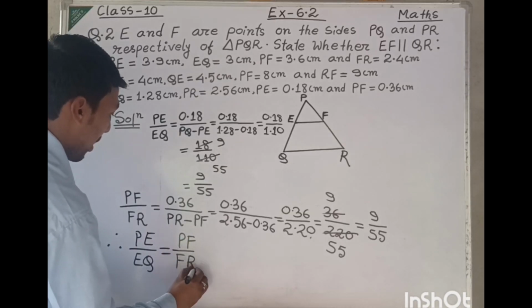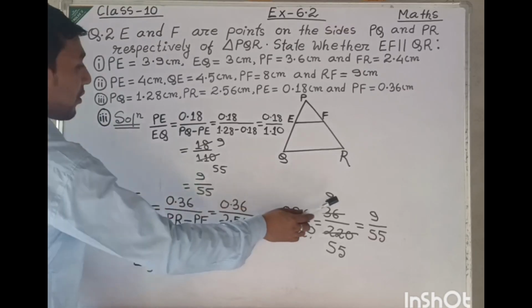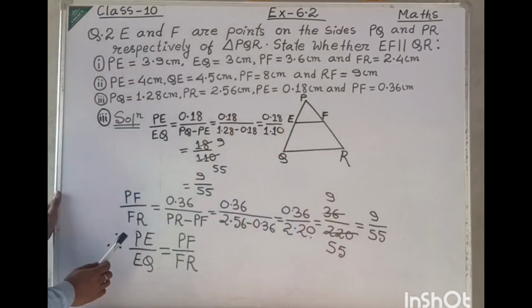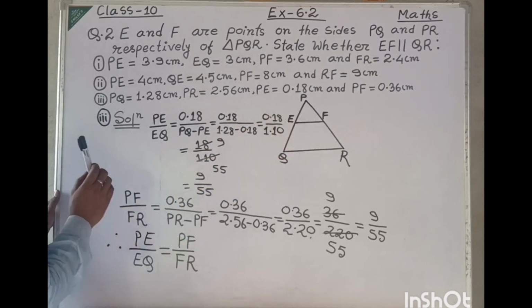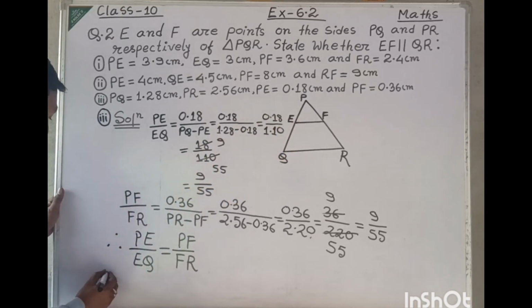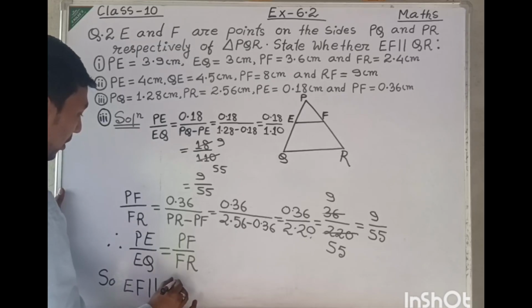Why equal? Because I have got the same ratio value, 9 by 55 here and 9 by 55 here. And if these two side ratios are equal with each other, then I can say or write that EF is parallel with QR.